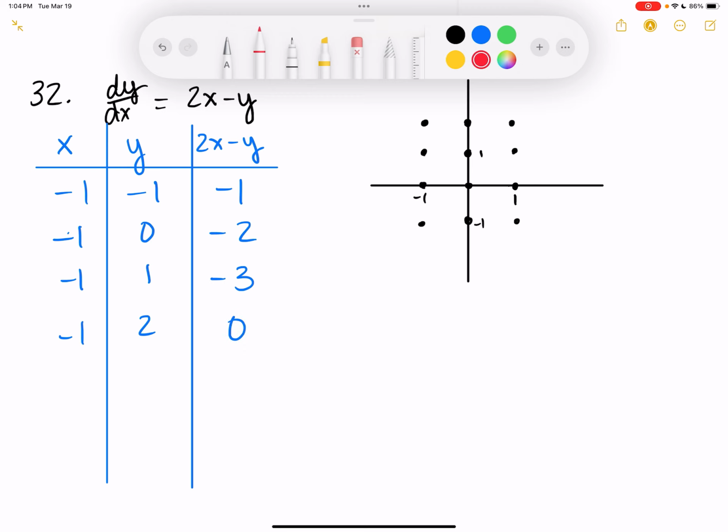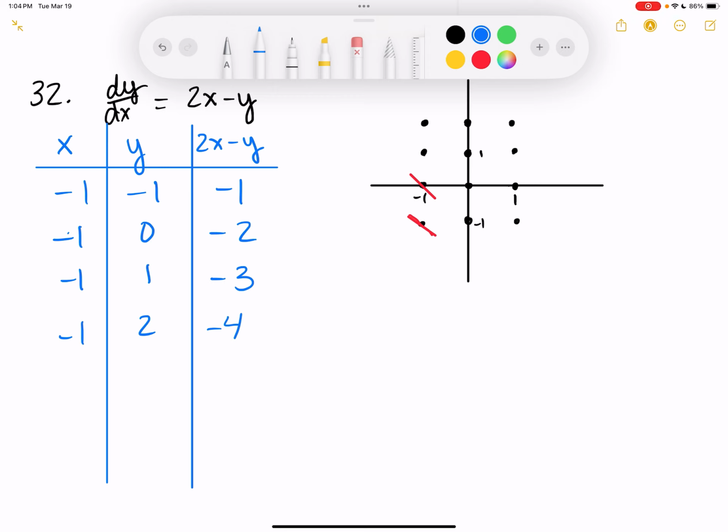So I would say go ahead at this point and do the slopes for these. At -1, -1, it's a -1 slope. At -1, 0, it's -2. For the -1, 2, we get -4. -2 minus 2 would be -4, yeah.